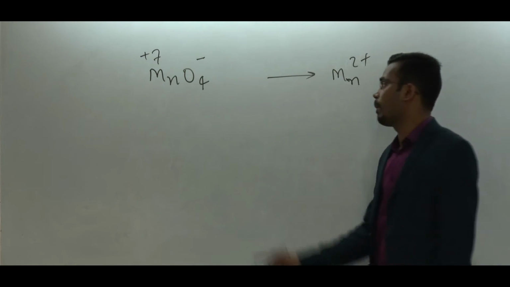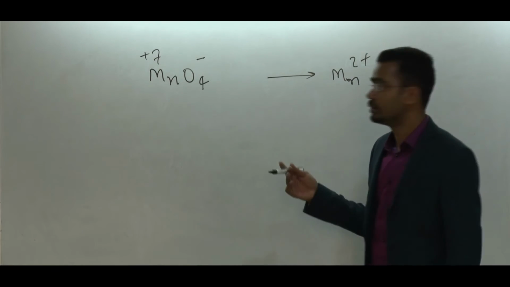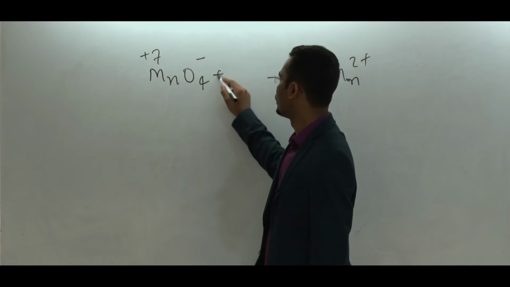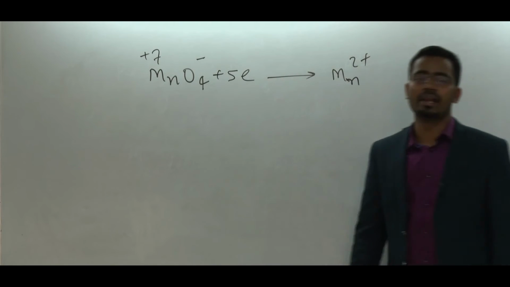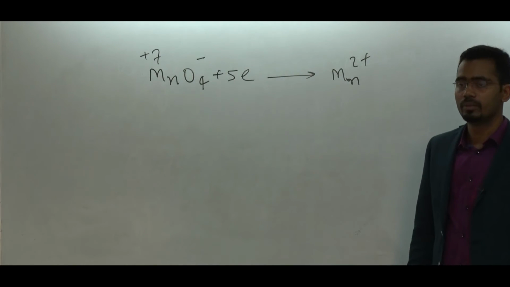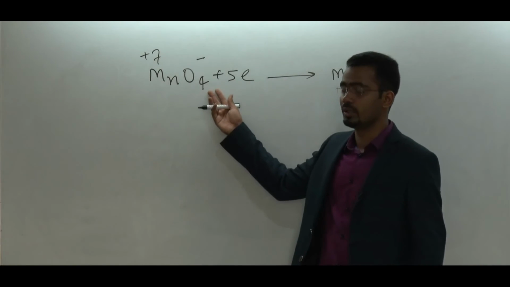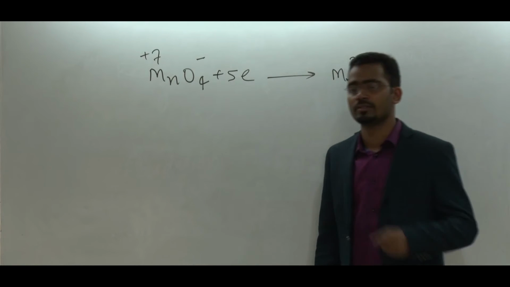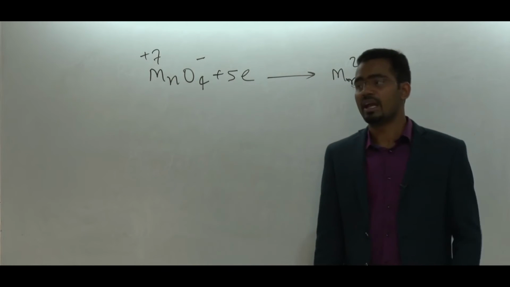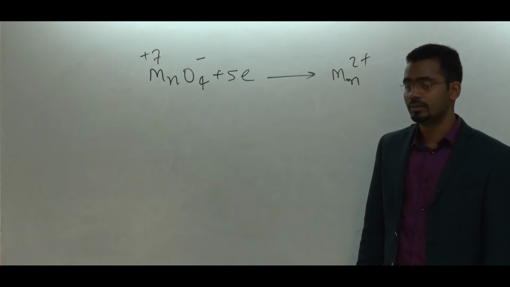So from +7 to +2, how many electrons are required? 5 electrons. Now electrons and charge are balanced. Now you have to balance the other atom. It has only oxygen atom. How many oxygen here? 4. So how do you balance oxygen? By adding water. Which side?